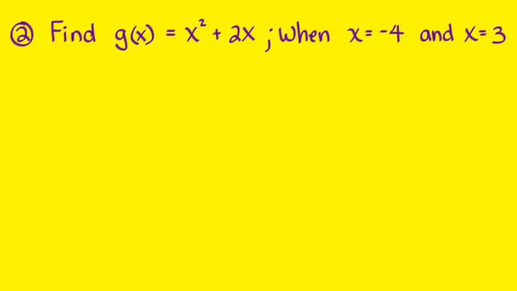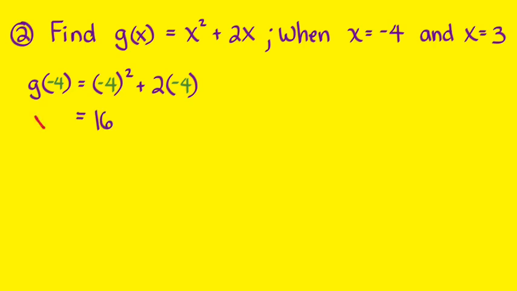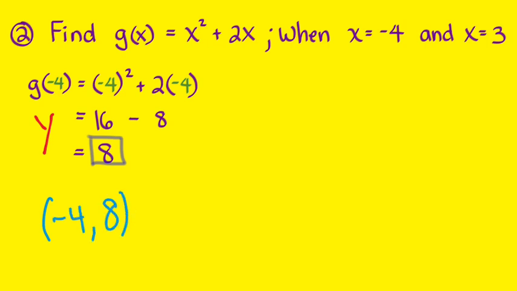So in here, the g of x is x squared plus 2x when x is negative 4 and x is 3. So if the x value is negative 4, well, negative 4 squared is going to be 16, negative times negative. And then negative 4 times 2 is negative 8, giving us y is 8. Or when x is negative 4, y will be 8.